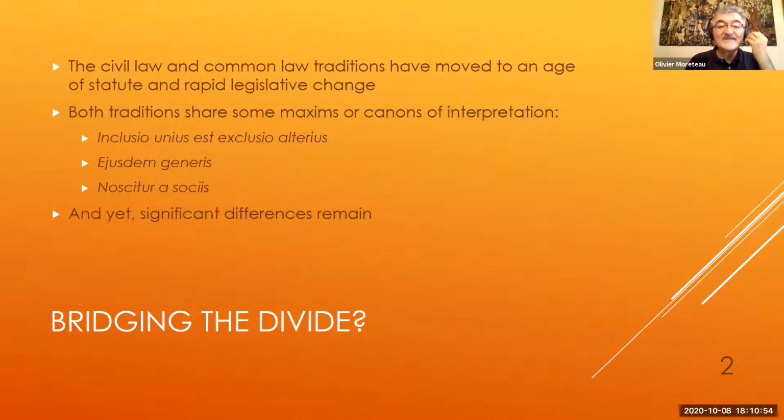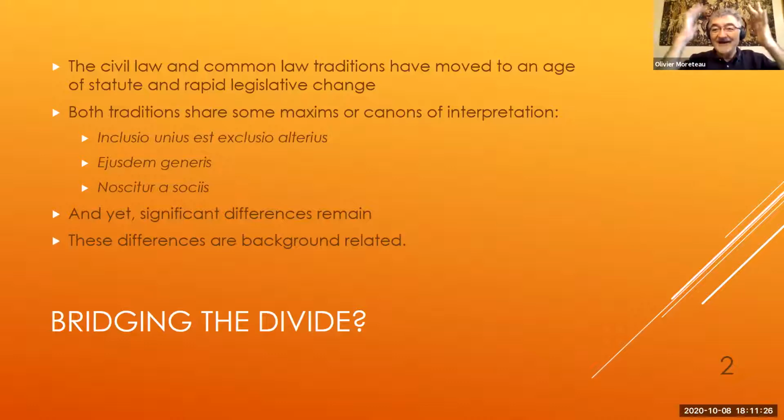No, I'm sorry, some significant differences remain, and you need to visualize and understand these differences to make the optimal use of the rules of interpretation in one system or in the other. And as we will see, these differences are background related. When we talk interpretation, we should not focus only on the text to be interpreted, but we always must have in mind the context, what is existing around here.